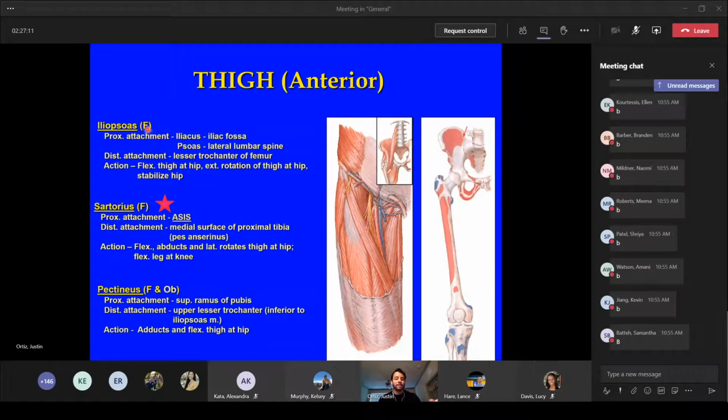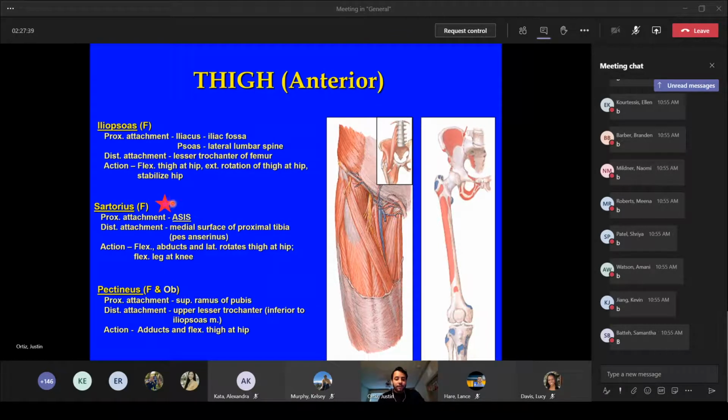So femoral nerve gets iliopsoas as well as sartorius, and then the pectineus is going to be femoral and obturator nerve, right? So it's going to be obturator nerve as well. So I would note this for pectineus because pectineus is associated with the medial portion of the thigh. So it mostly helps with adduction. So it does get obturator nerve, but it also gets some portion of the femoral nerve. So I would note that as well.